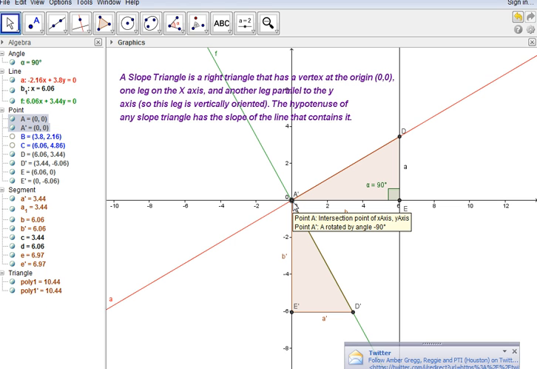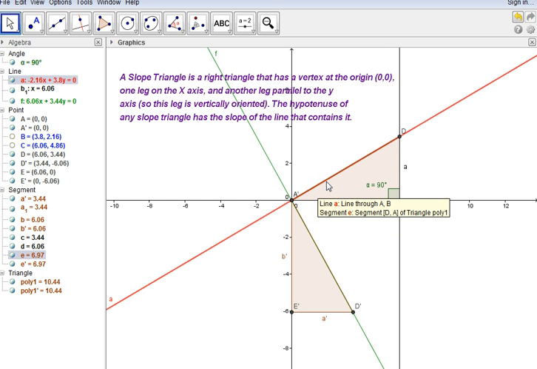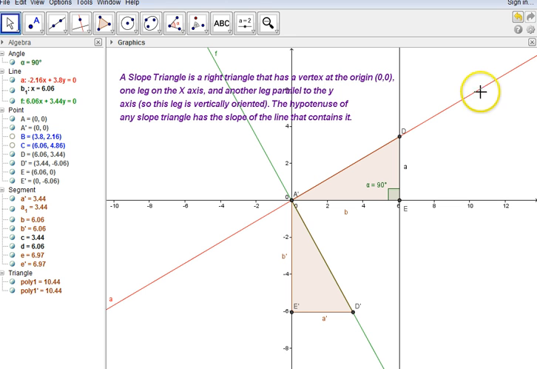So if you're familiar with the terminology rise over run, or change in y over change in x, then we can consider the slope of this red line, which passes through the origin at 0, 0, to have the value a over b.